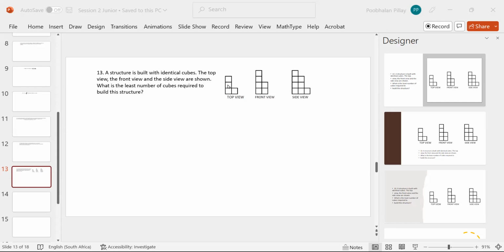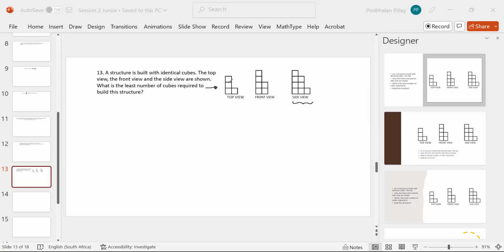So on one side, you've got 3 here. If you look at the other views, there is a view where there are 3, and it's this one here. There are 3 here. Now this requires a little bit of imagination. Imagine the guy is standing here and he's looking at this.